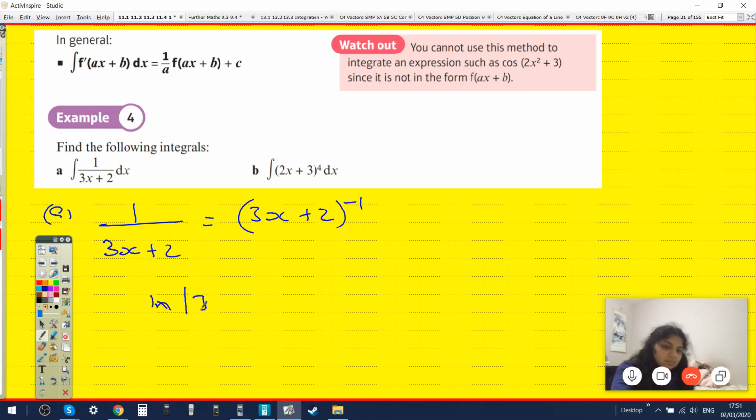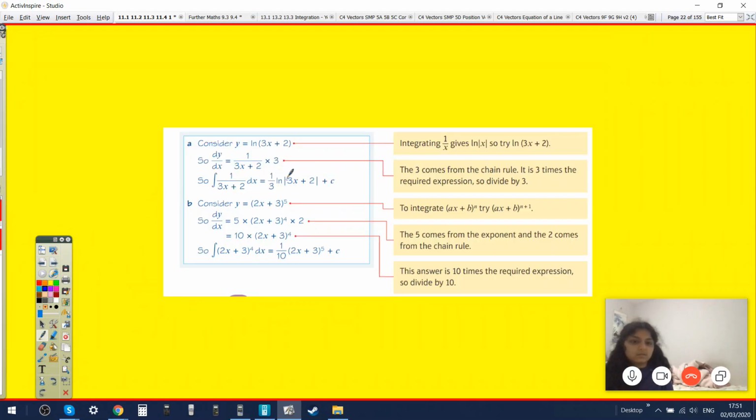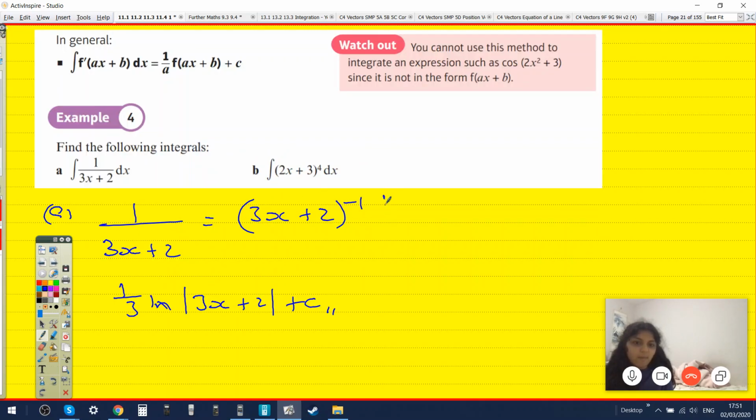So ln 3x plus 2. Don't forget function inside function. What? Derivative of this. Oh, chain rule. Right. 1/3 ln 3x plus 2. I believe so. Let's see. B. So that's ln 2.